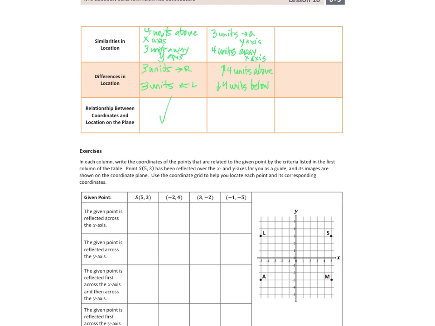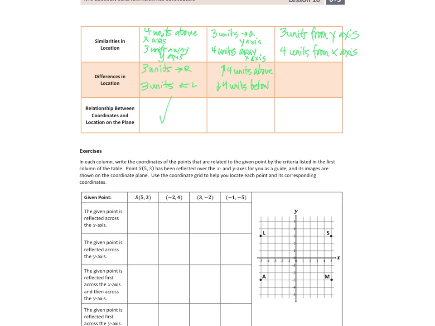So those are kind of diagonal from each other. Similarities in location: both points are 3 units from the y-axis and 4 units from the x-axis. What is the difference in their location?